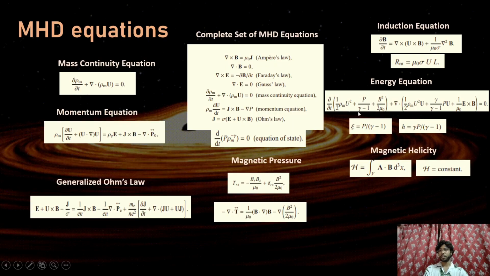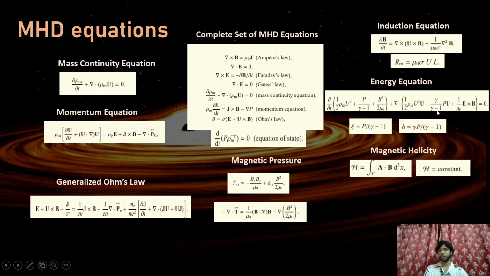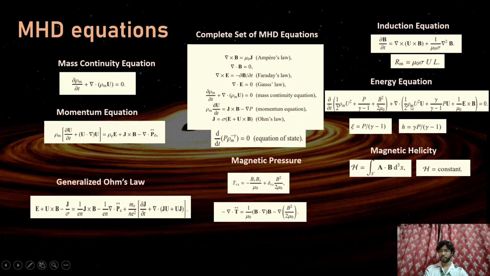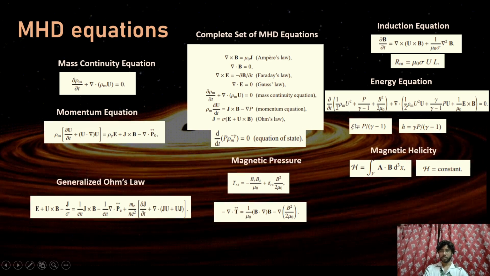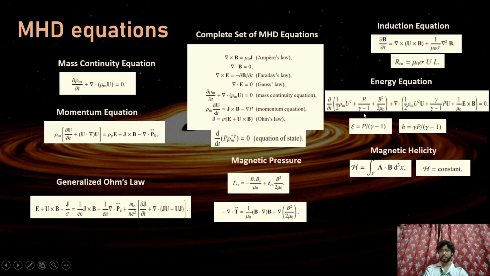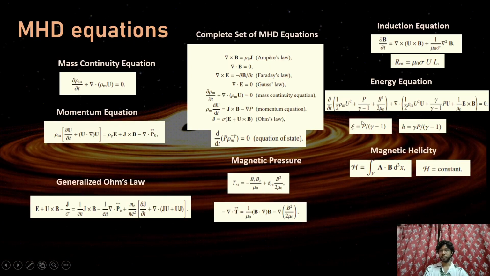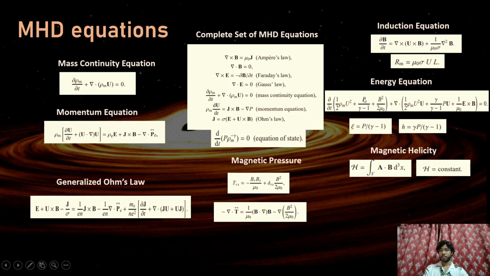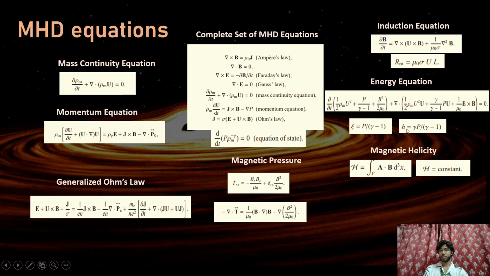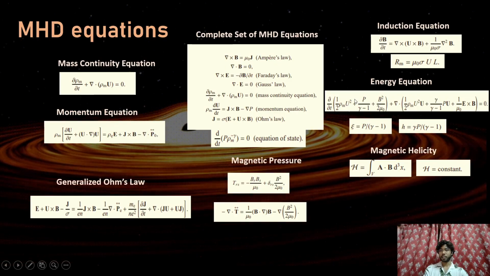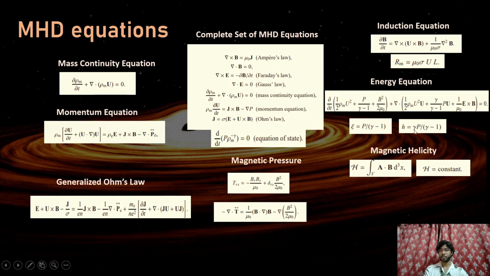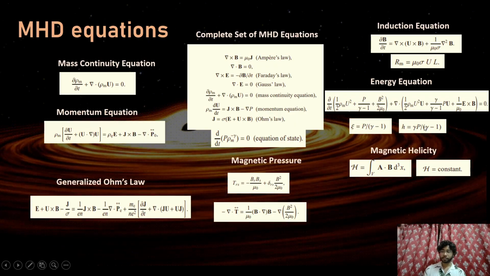So the change in the total energy is due to the flux of the energy through the surface. And this is called the internal energy, the second term, which is pressure divided by gamma minus 1. And the total thing is the enthalpy. So this is the definition of enthalpy.